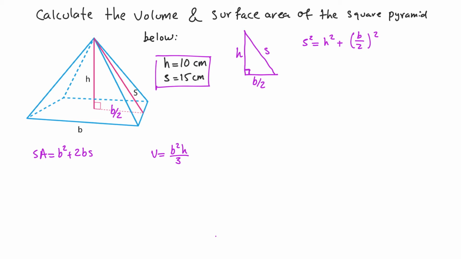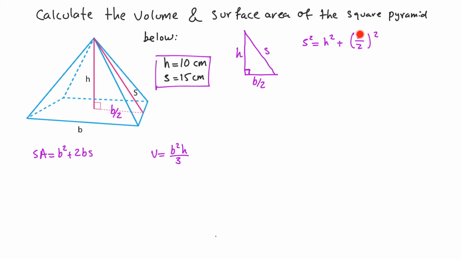And you have to make sure that you're putting b over 2 inside brackets here for this to work out. So I can plug in the numbers right away, or I can solve it algebraically and plug in all the numbers at the very end. I'm going to solve it algebraically, but you're free to start by writing the values.